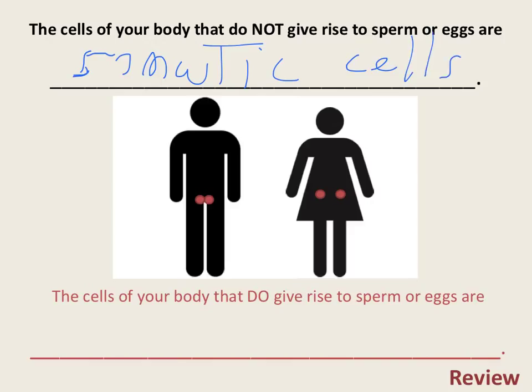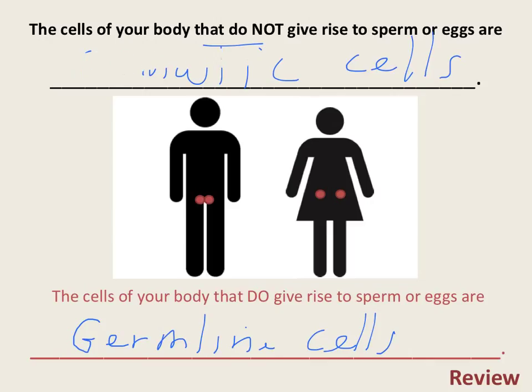The cells of your body that do give rise to sperm and eggs are called germline cells.